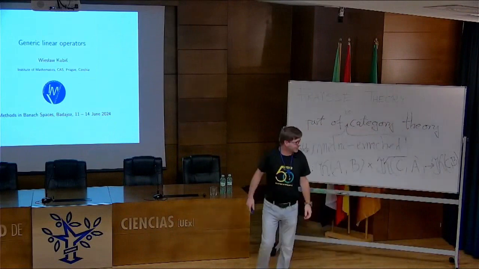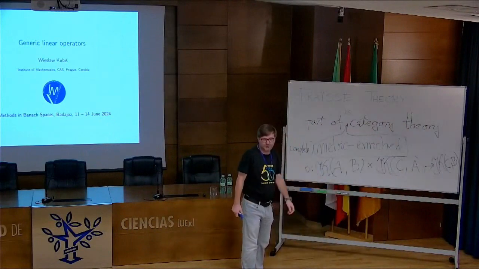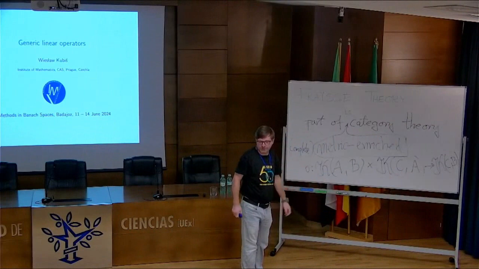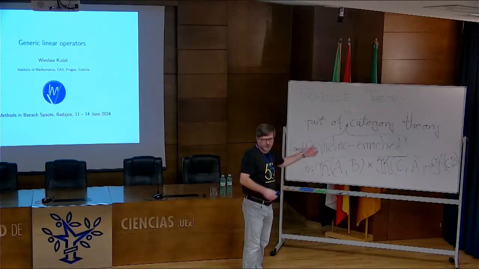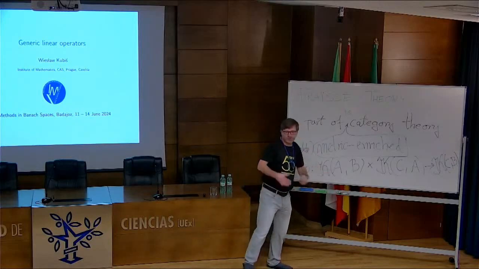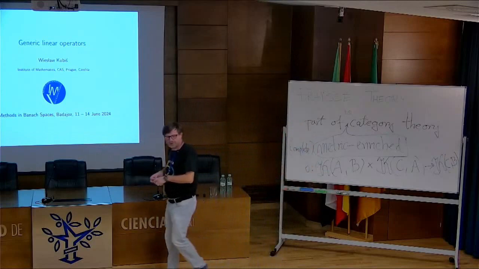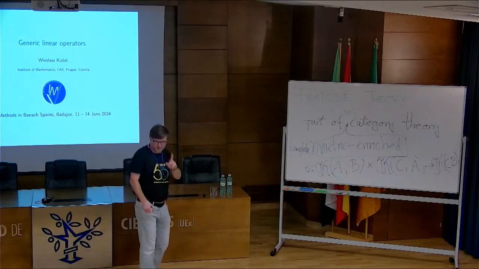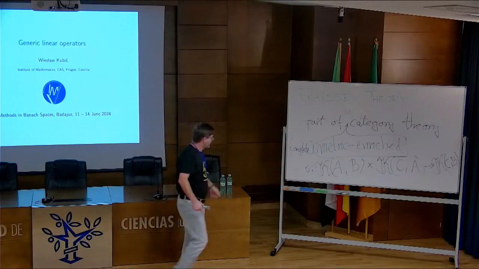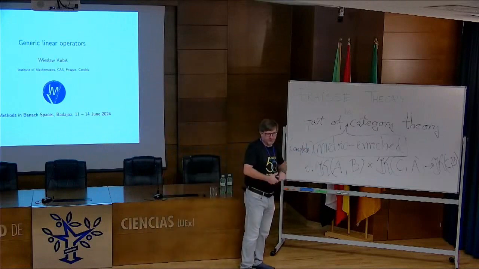You require that the composition is non-expansive, let's say in both coordinates. Then this is called metric enriched, or complete metric enriched if the spaces are complete. And indeed, if you take Banach spaces with linear operators of norm at most 1, the norm 1 is actually important, then this satisfies this axiom of metric enriched.